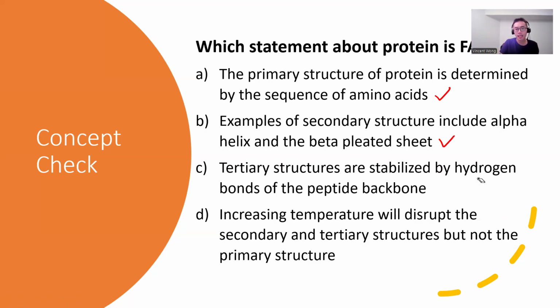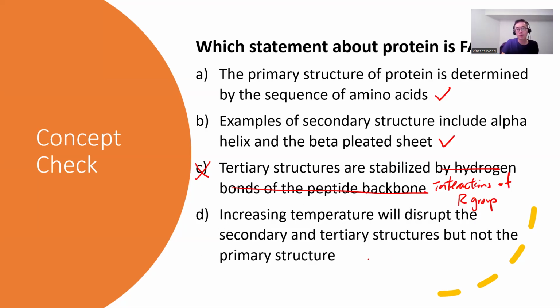Tertiary structure is stabilized by hydrogen bonds of the peptide backbone. That is not true. A tertiary structure is stabilized by interaction of the side chains of the R group. The last one is also true. We wrote it down.